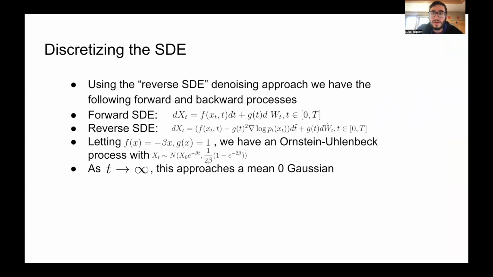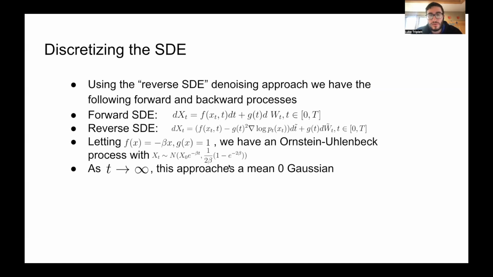So now that we have the score function, we want to actually sample from the reverse SDE. And to do this, first we'll look at these two equations for the forward and reverse SDE, which we saw earlier in this presentation. And it is very typical to choose an Ornstein-Uhlenbeck process for the forward process, which is the case when f is a scaled version of negative x, and g can just be 1 because it's equivalent over a time change.